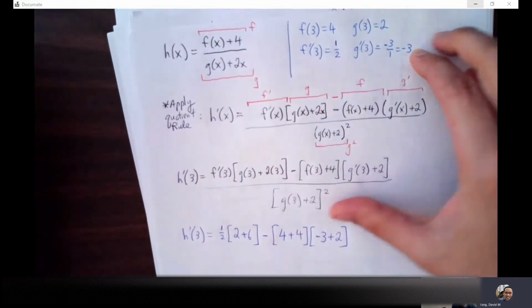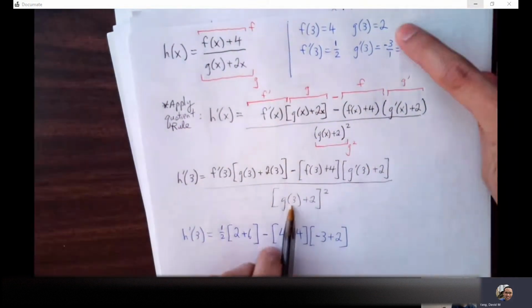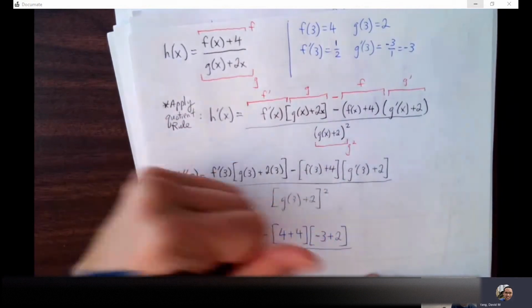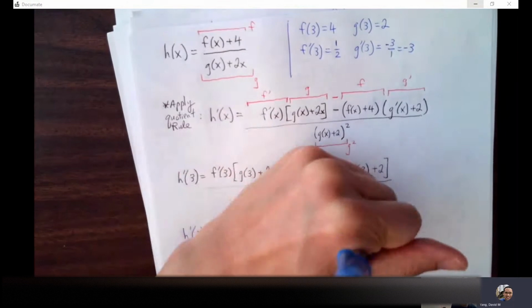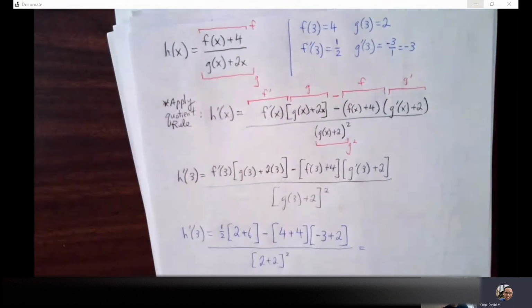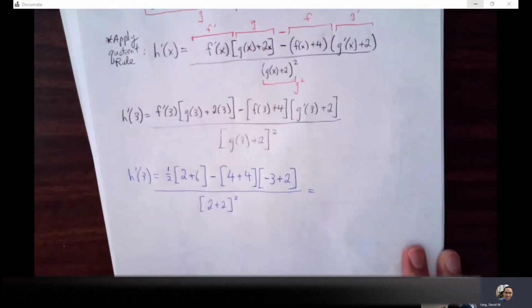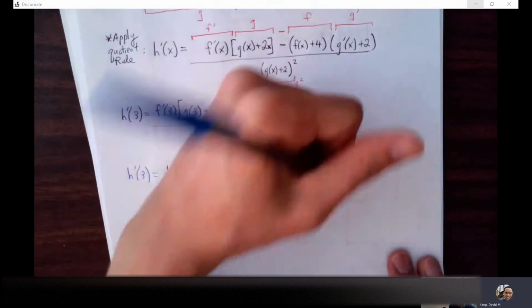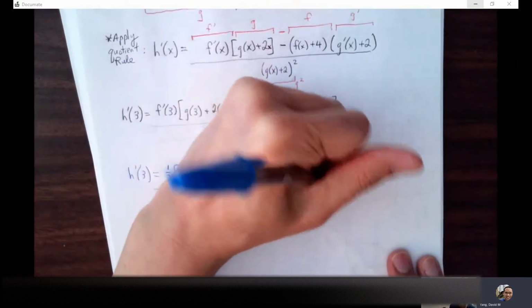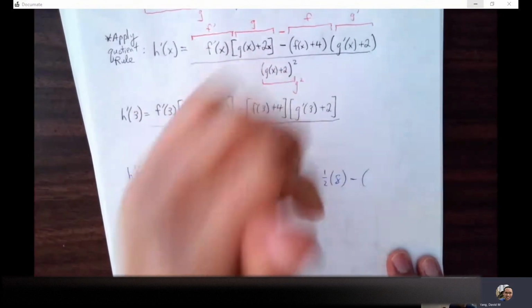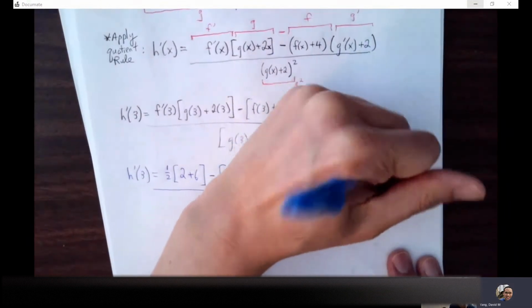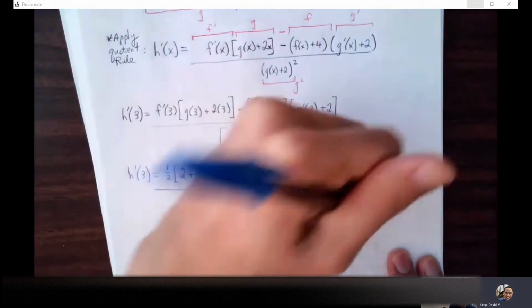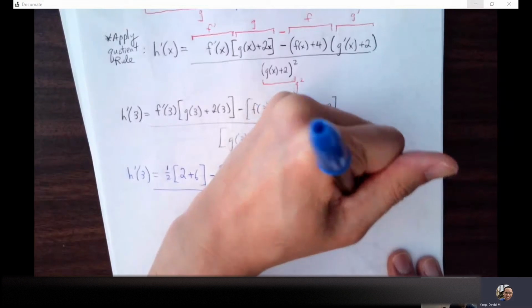All over g of 3 plus 2, squared, so that's 2 plus 2, squared. Continue cleaning up here. 1/2 times 8 minus 8 times negative 1, all over 4 squared, 16.